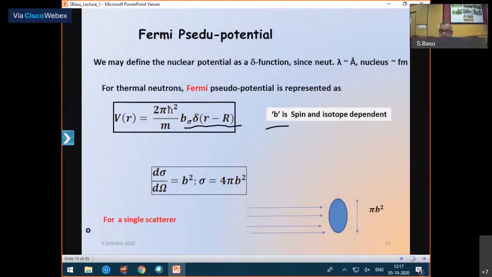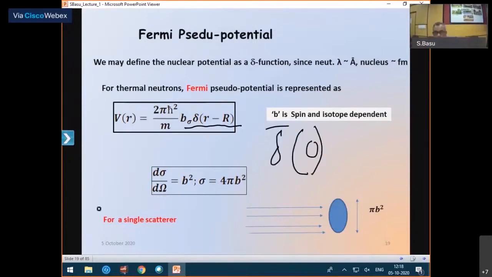This is known as the Fermi pseudopotential because this is an approximation and recognition of the fact that the neutron interacts through strong interaction with the nucleus, and the nuclear dimension is much smaller than the de Broglie wavelength of the neutron.